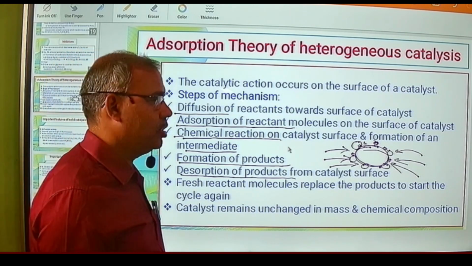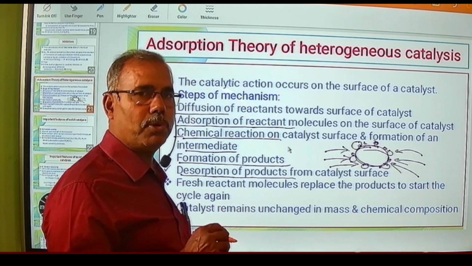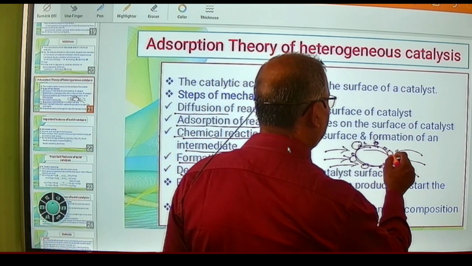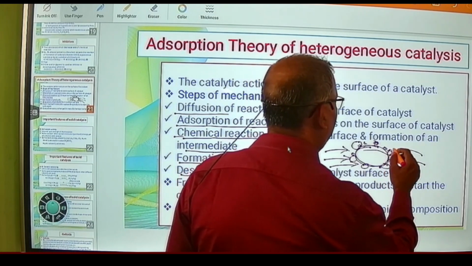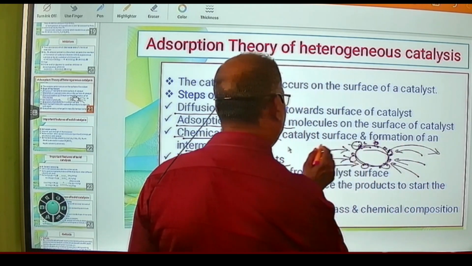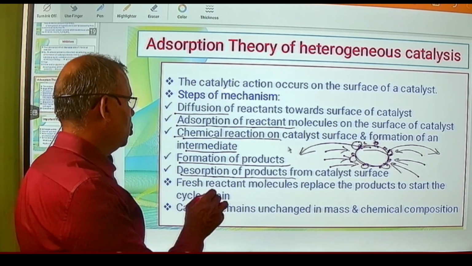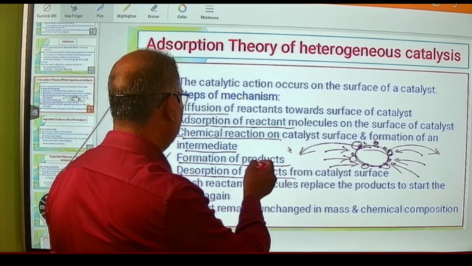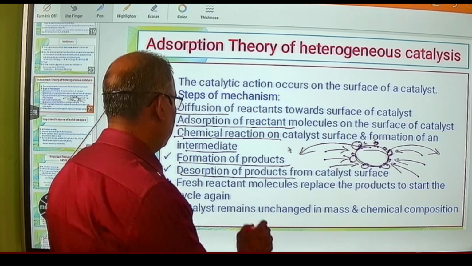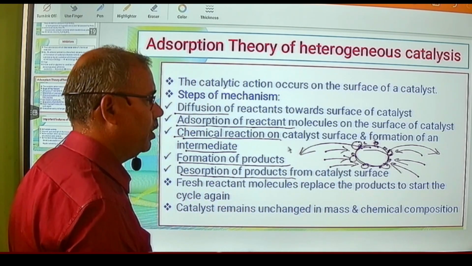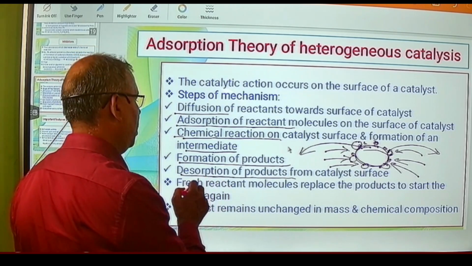It is the opposite process to adsorption. So these particles which are formed as a product leave the surface of the catalyst, and this is called desorption. So desorption is the fifth step here.